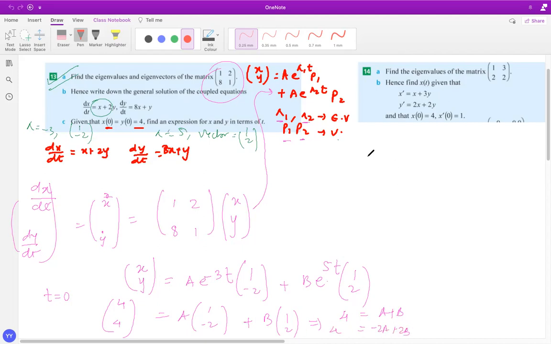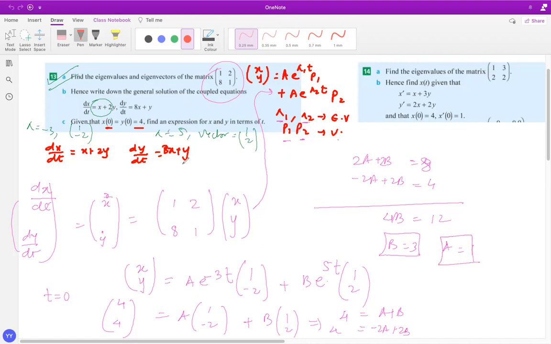Now I solve for a and b. Both equations equal 4. If I multiply the first equation by 2, I get 8, and if I add them, I get 4b equals 12, so b is 3. If I plug b as 3 in, I get a is 1.